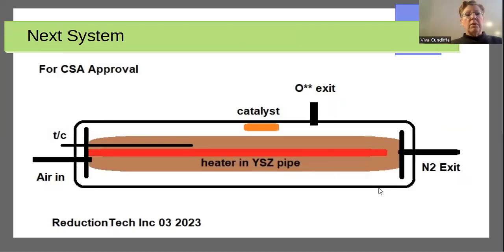Our next system that we want to have done for the Canadian Standards Association is a yttria pipe with a heater inside it, a thermocouple, an air supply on one end, a nitrogen exit on the other, and then an oxygen diradical exit on the side. It's a very simple unit.